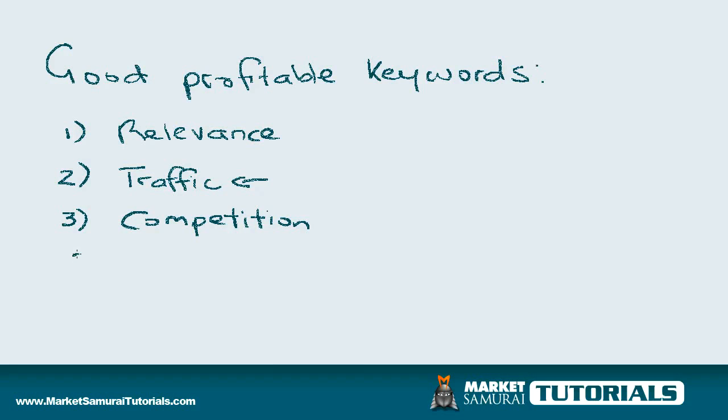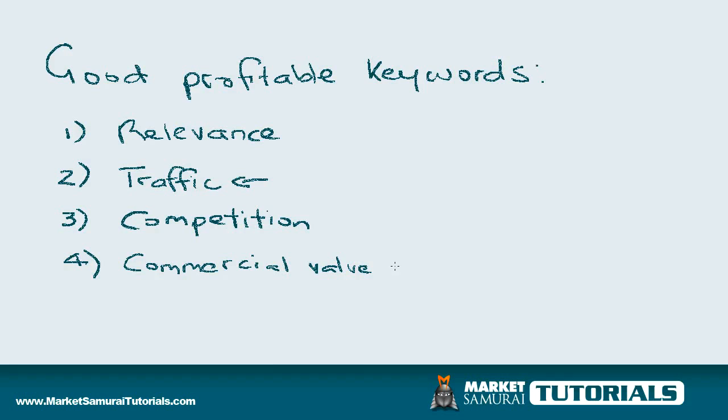Okay, so the fourth point that I just want to mention, that's really important, is the commercial value of each keyword that you're going to be choosing. If there's no commercial value, like it's not worth anything, say for example, we did some Google research and found out that the commercial value of this particular keyword that you're researching is only worth 1 cent to Google, it may mean that Google doesn't have very many people looking at this particular keyword, and you need to find out whether or not it's viable.